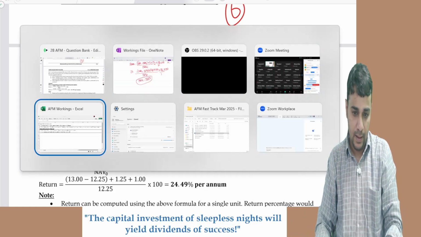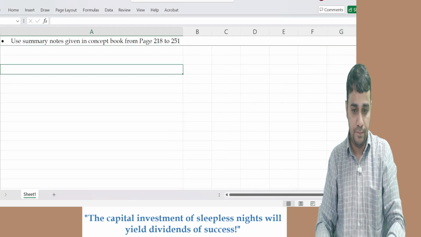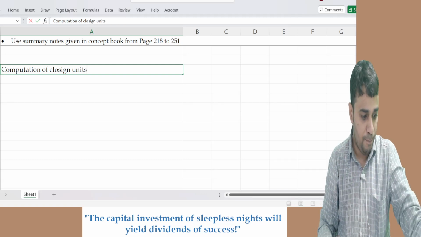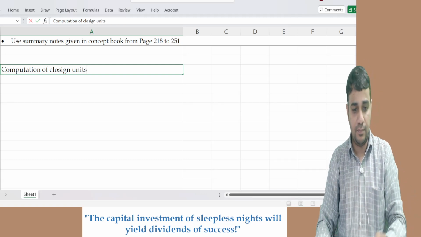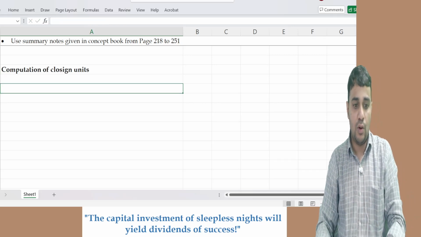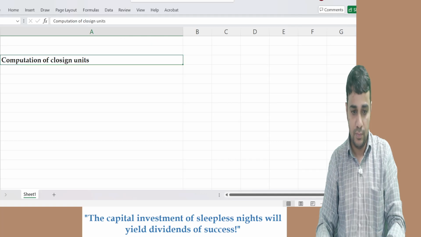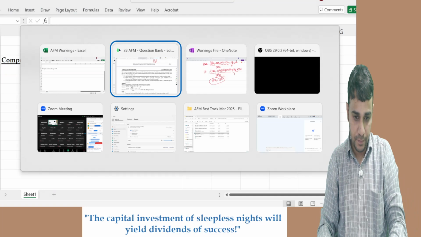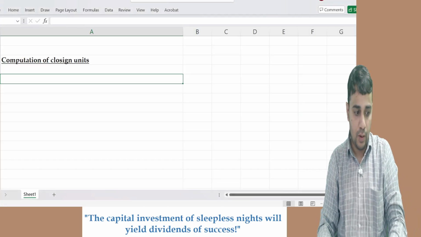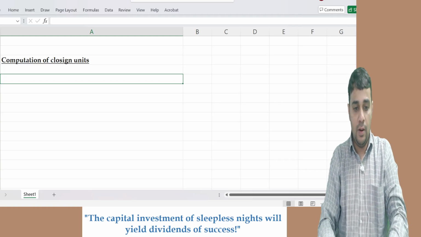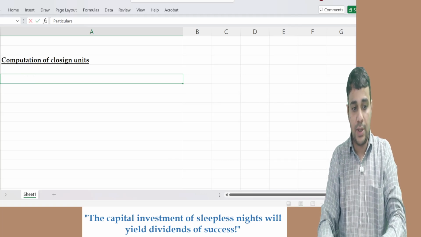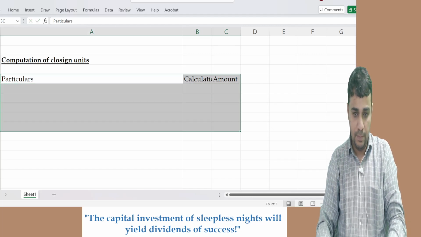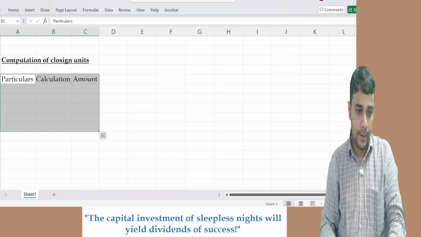Computation of closing units. Particulars, calculation, amount.